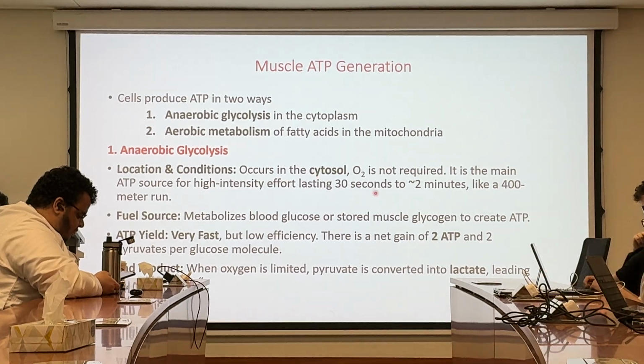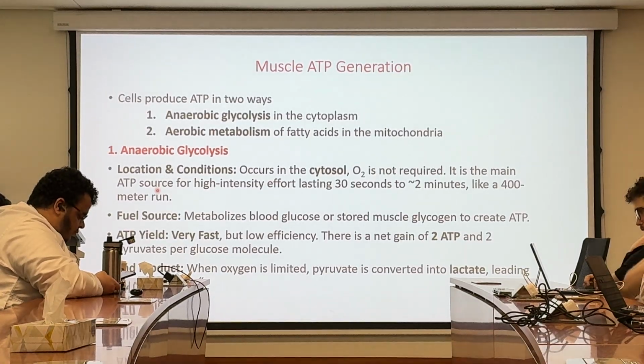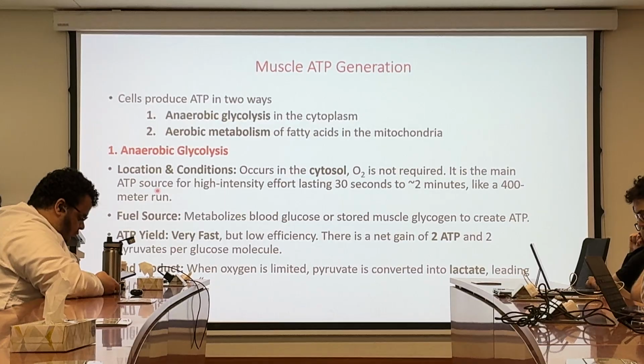You do not require oxygen for the reactions to take place, but it generally takes place when oxygen is not available. Again, it is the main source of energy when you require ATP very, very quickly. In other words, high frequency stimulation of glycolytic fibers requiring a lot of energy for muscle contraction. Jumping, running, that kind of thing.